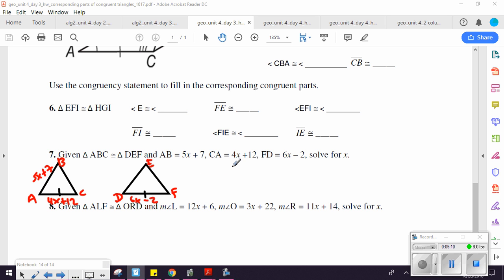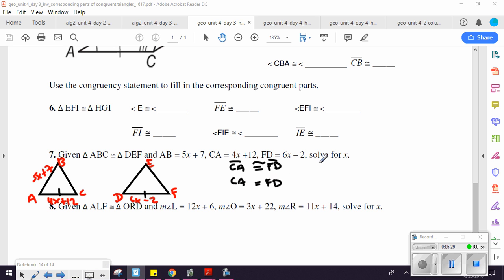So we know that segment CA is congruent to segment DF, or sorry, FD. So we know that CA is equal to FD. So we set their measurements equal to each other.